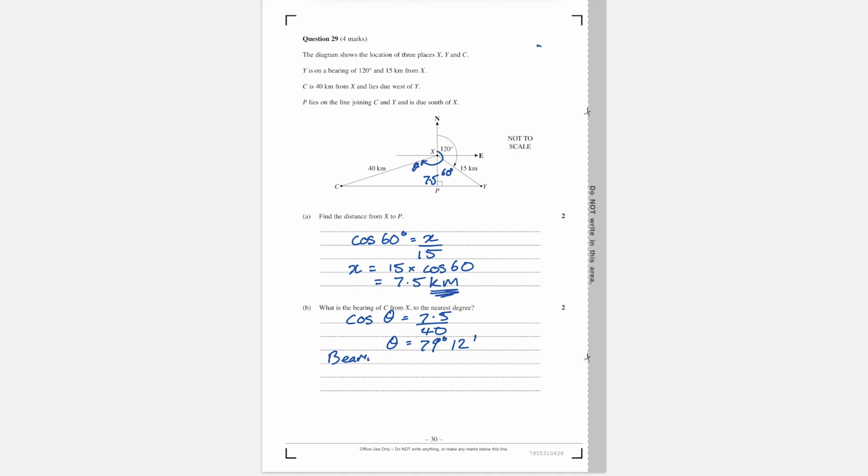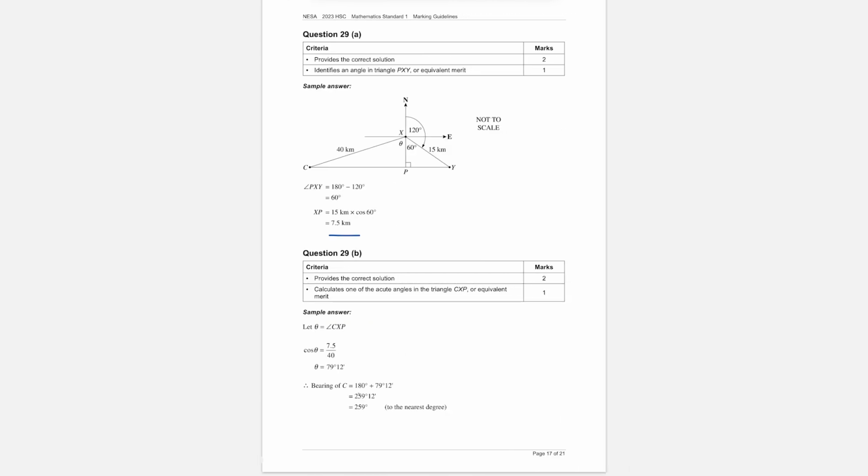The bearing is equal to 180 plus 79 degrees, 12 minutes. Putting that into our calculator, we get 259 degrees, 12 minutes. And it wants the answer to the nearest degree, so we're going to round that down to 259 degrees. There's our answer. 259. Great.